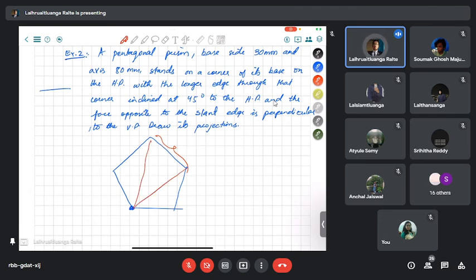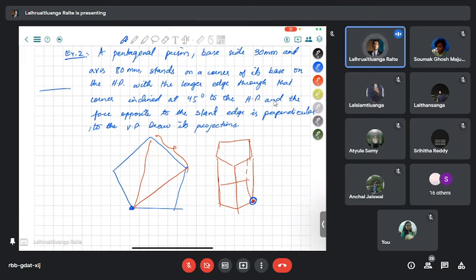When we have a pentagonal prism, we are going to have one corner. Let's say this is the corner, and that corner is going to rest on the horizontal plane, and we are going to align it with the horizontal plane.